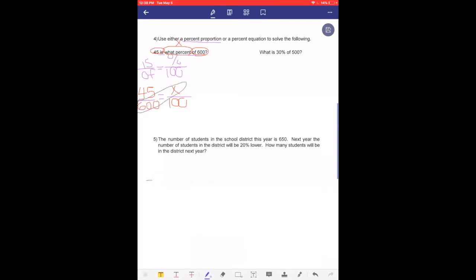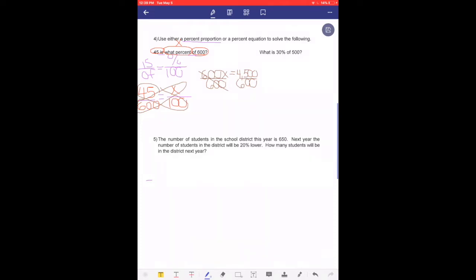So I'm going to cross multiply here. 600 multiplied by X, 600 times X is just 600X. 45 times 100 will be 4,500. Now you want to solve for X. To get X by itself, we're going to divide by 600 on both sides.